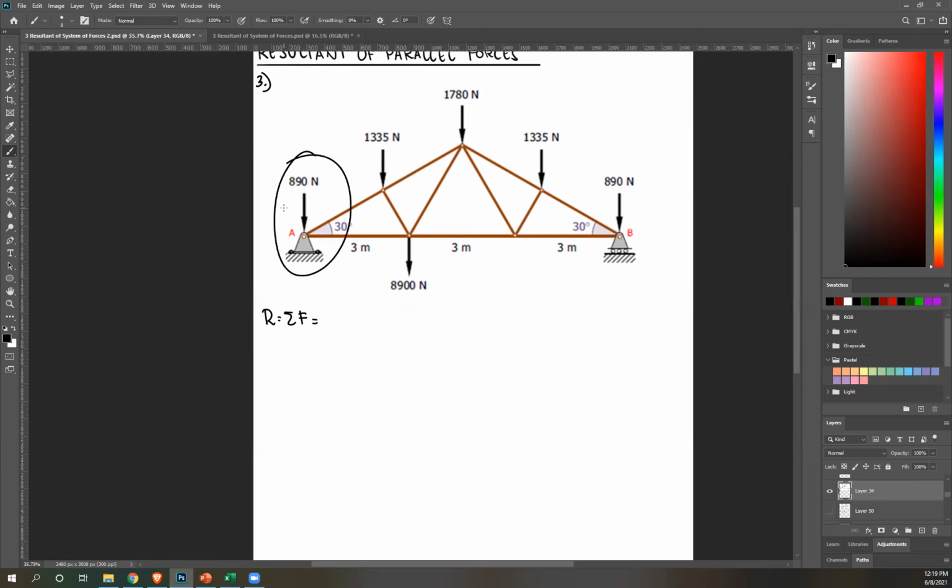Downward. All of them are downward, so all of them are negative. So negative 890, negative 1335, negative 8900, negative 1780, negative 1335, then negative 890. Please compute.